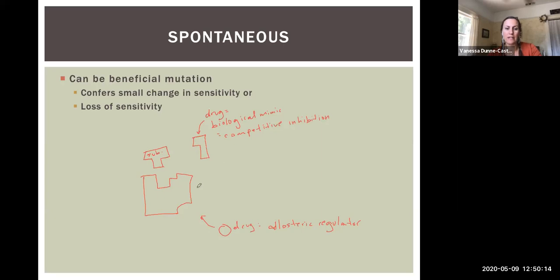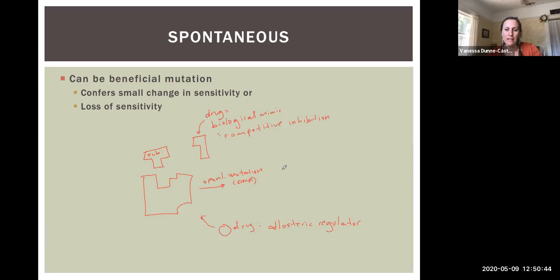against the substrate. Now, let's say there's a spontaneous mutation in the DNA of this bacteria, a mutational event that was in the active site or somewhere in the formation of the active site here that caused an alteration here, right?